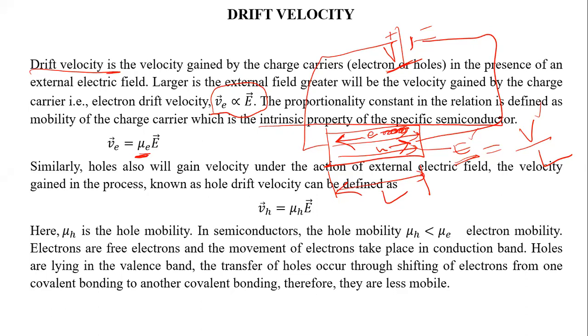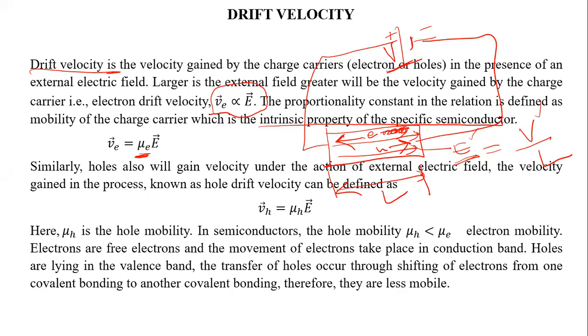Depending on the type of semiconductor you choose, like silicon, germanium, and various other semiconductors like gallium arsenide, zinc sulfide, and all these things, the charge carriers will have different mobility, the proportionality constant here.